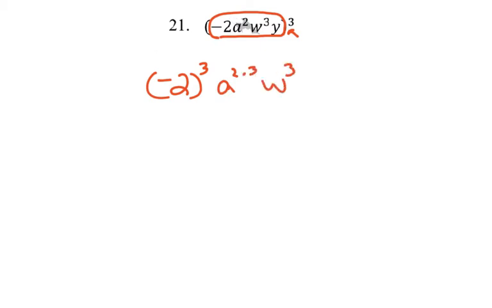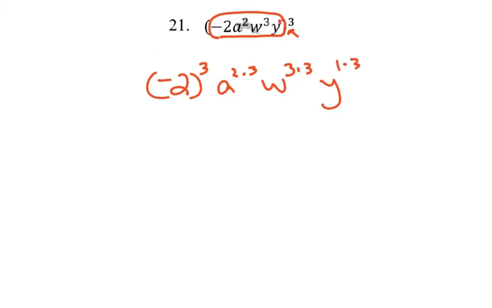Number 21, I also have power of a power. Everything inside the parentheses is going to get that third power. So negative 2 is going to get the third power. A to the second will get the third power. W to the third will get the third power. Y to the first will get the third power.